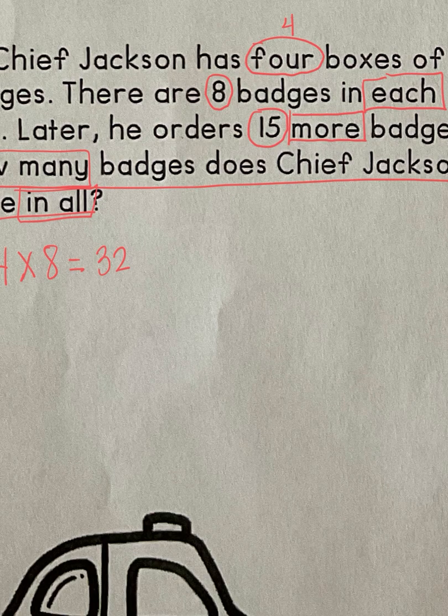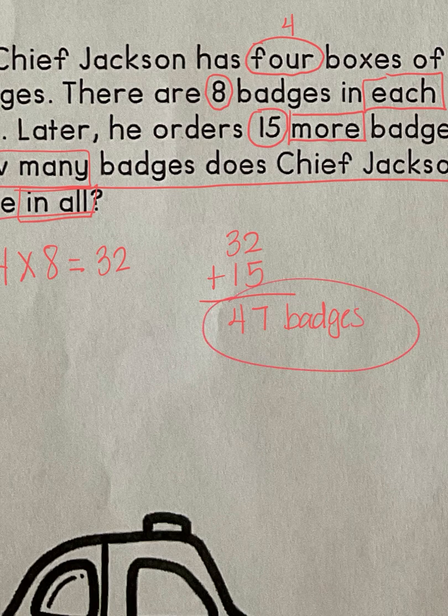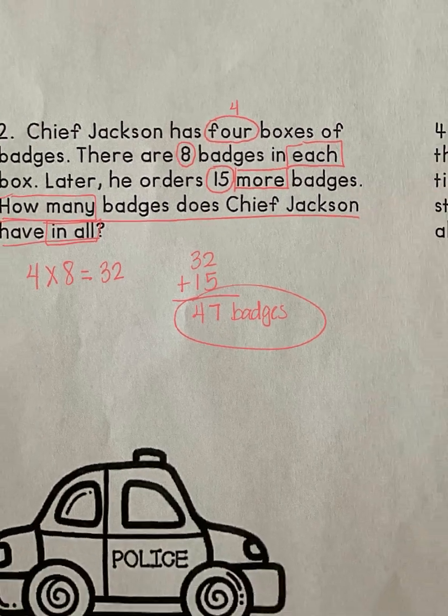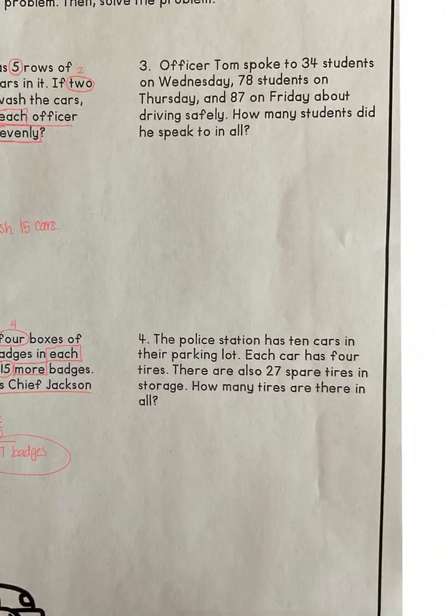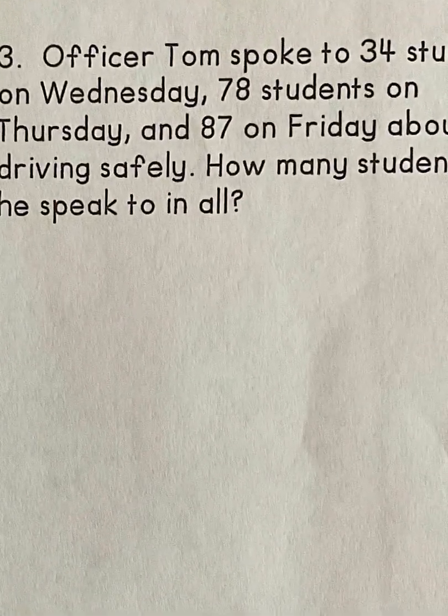I'm going to add 15 to the badges that he already has. So I'm going to take 32 plus the 15. 5 plus 2 is 7. 3 plus 1 is 4. So in all, he has 47 badges. All right, pretty simple. Okay, let's go look at number 3.